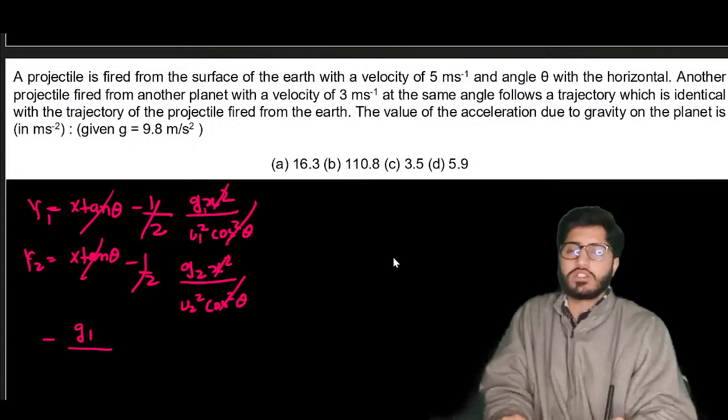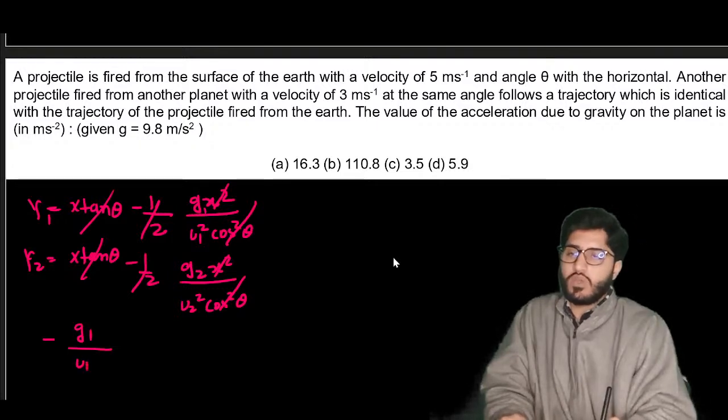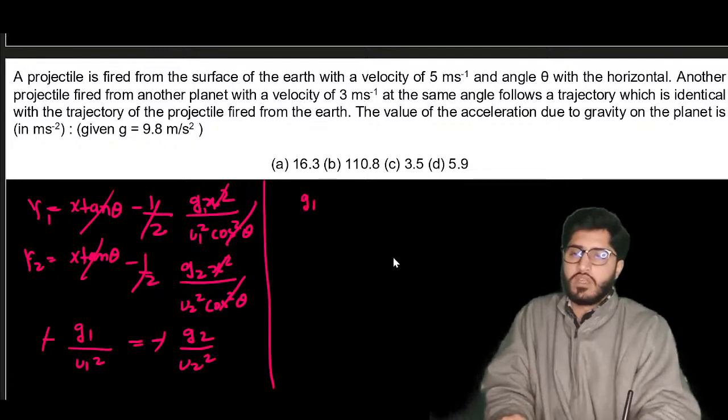We can cancel out cos because the angle of projection is the same. So g1 divided by u1 square equals g2 divided by u2 square, the minus signs cancel out. So g1 by g2 came out to be u1 by u2 whole square.